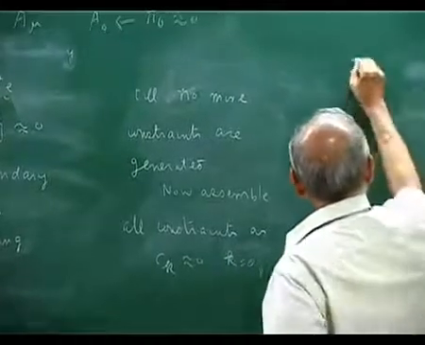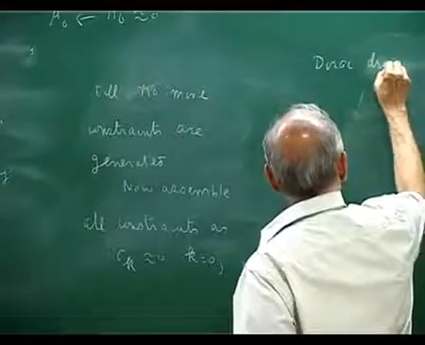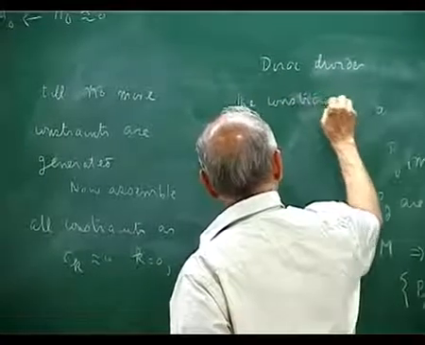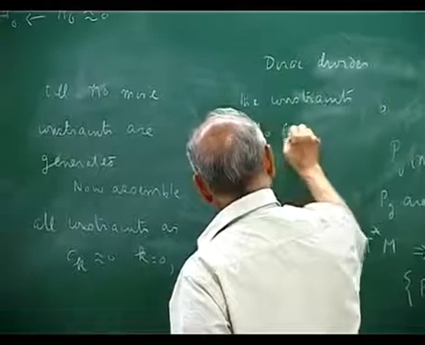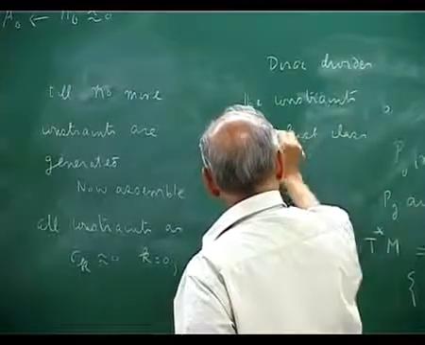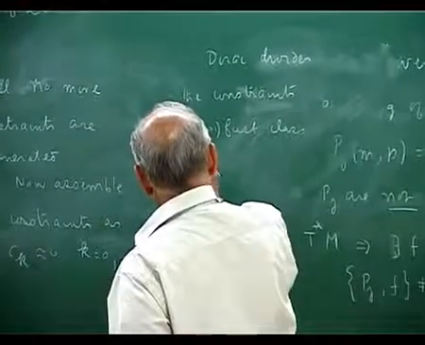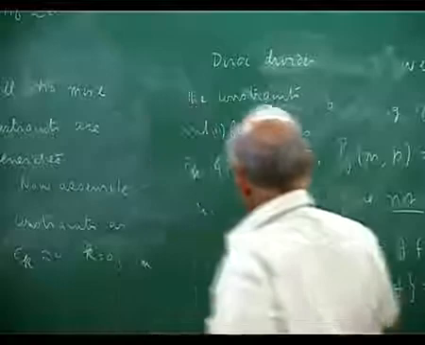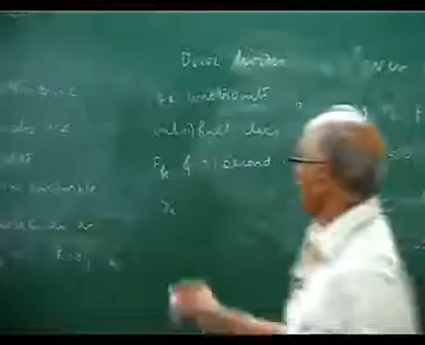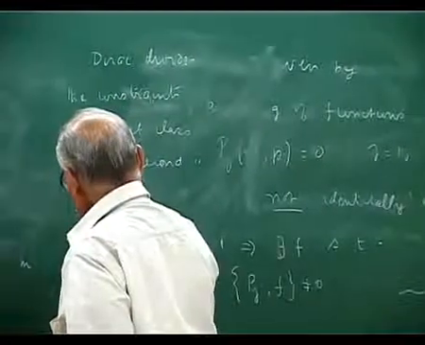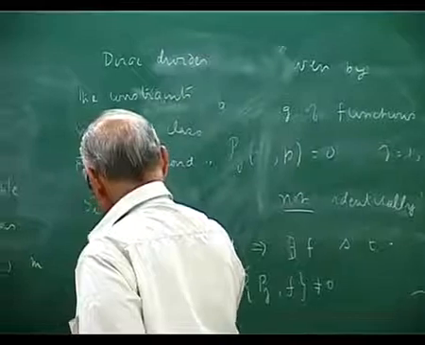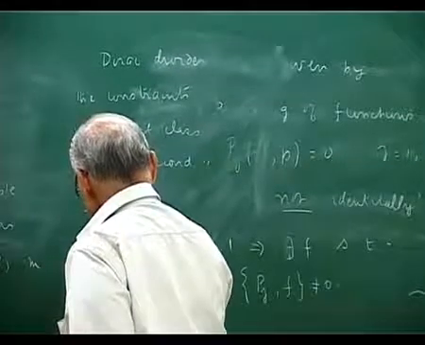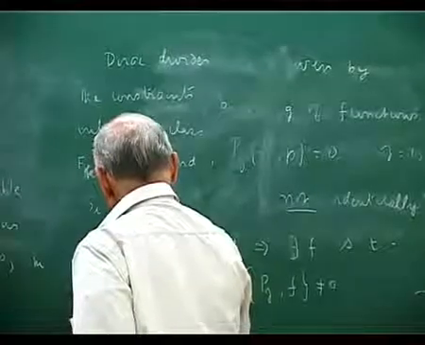Dirac divides the constraints into first class, let me call it Fk, and second class, which I will call Si. The Fk's by definition fulfill the Poisson bracket of, say, Fi with Fj is Cijk Fk.